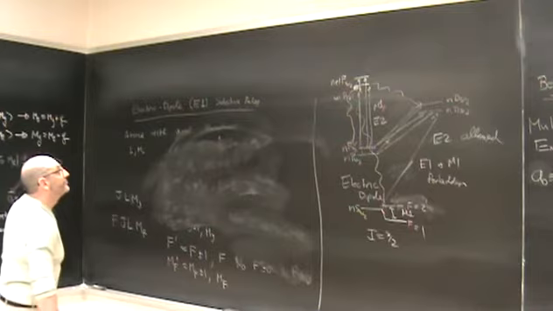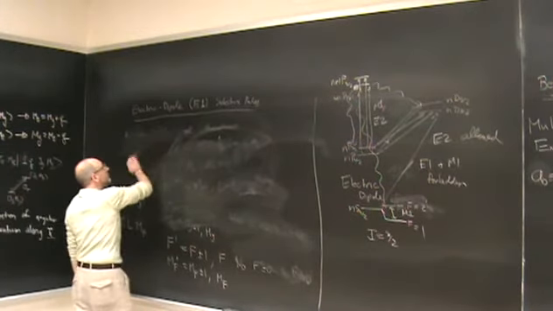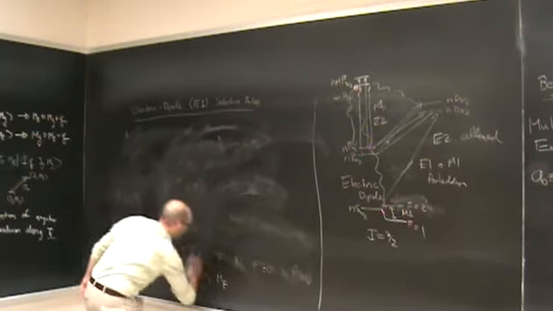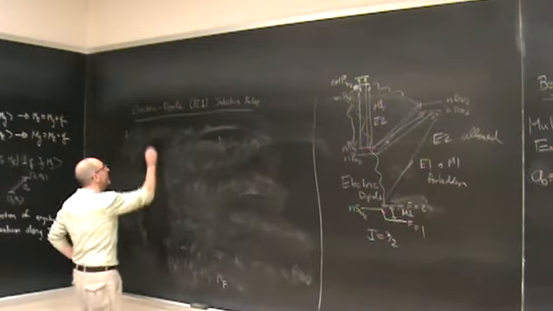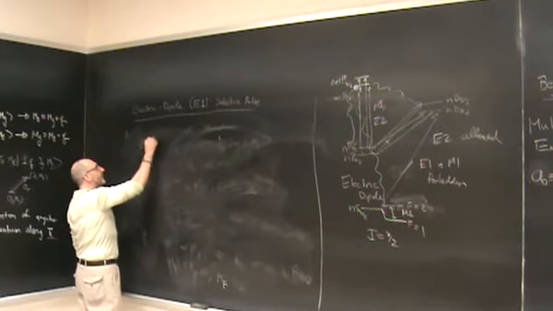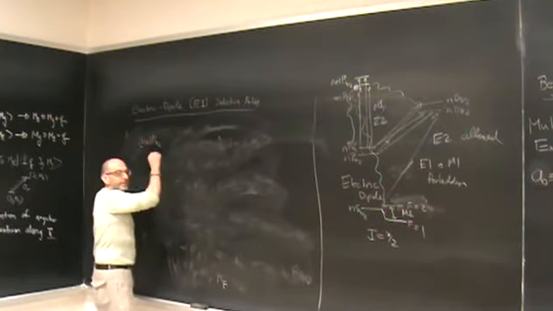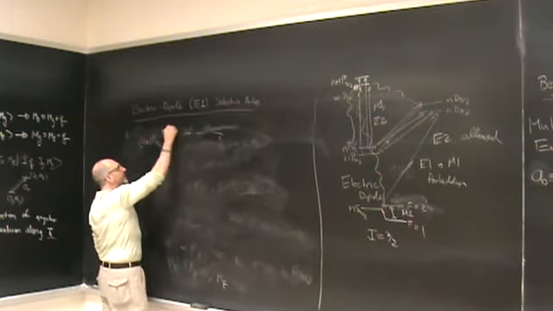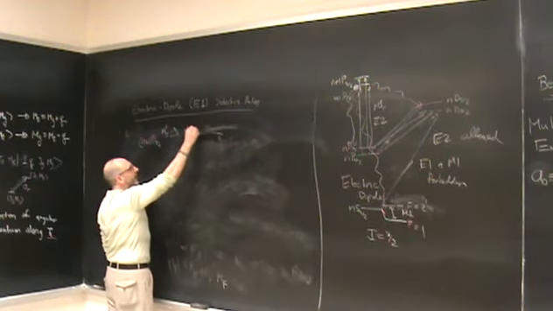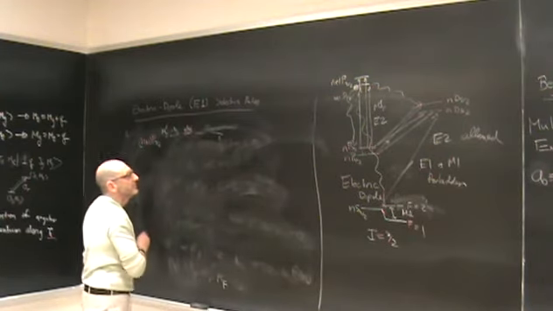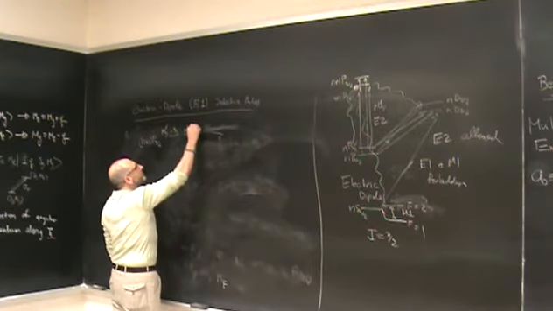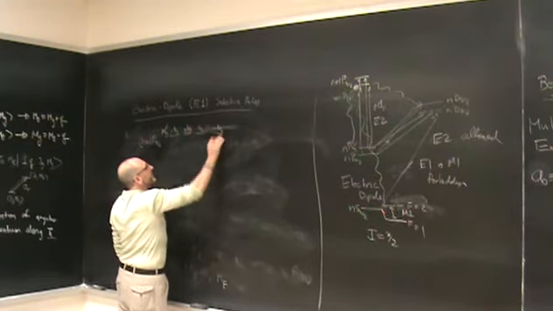So let's look at this transition with the sublevels included, the MJ levels. So here I have my n+1 P3/2, which has MJ prime minus 3/2 plus 1/2, yeah, that's fine, minus 3/2.